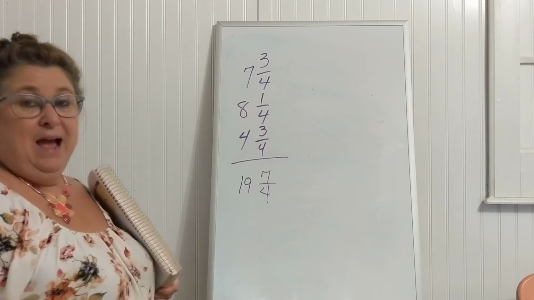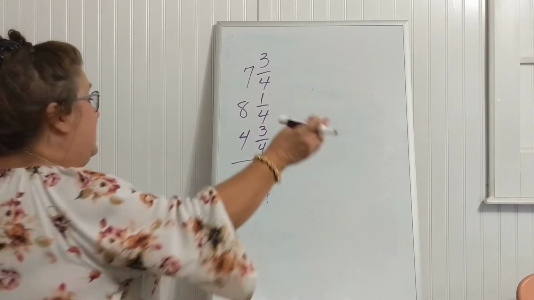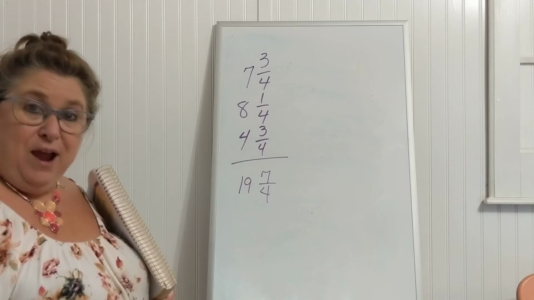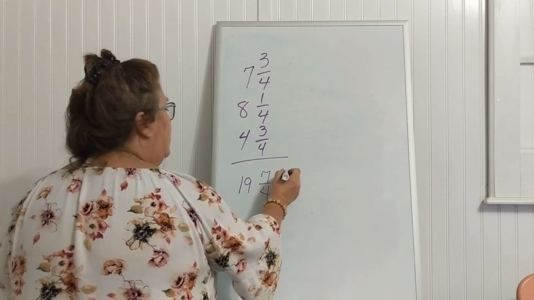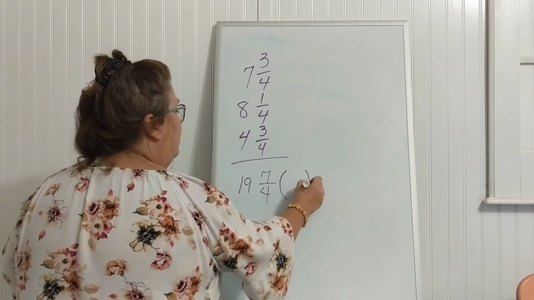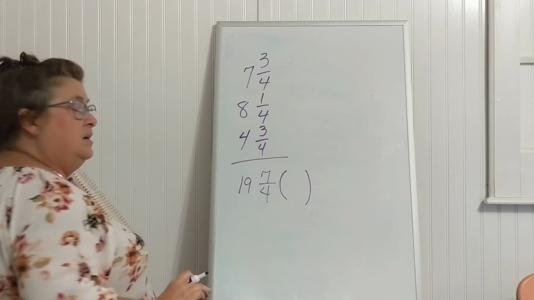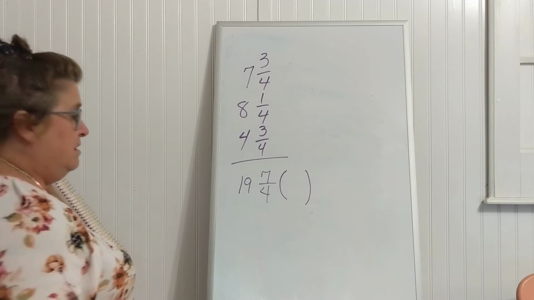So now we have a mixed number with an improper fraction. How crazy is that? So the first thing that we have to do is turn that improper fraction into a whole or a mixed number.